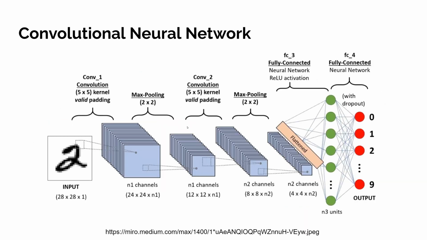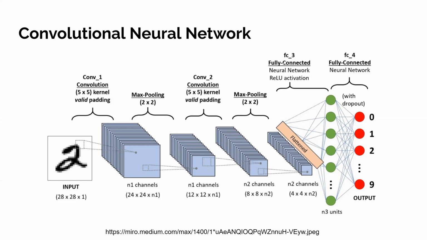Then in module 3, we got introduced to a new type of network, the convolutional network. This one is pretty unique because it's really good at processing images. You can see this is a high level diagram of its architecture.